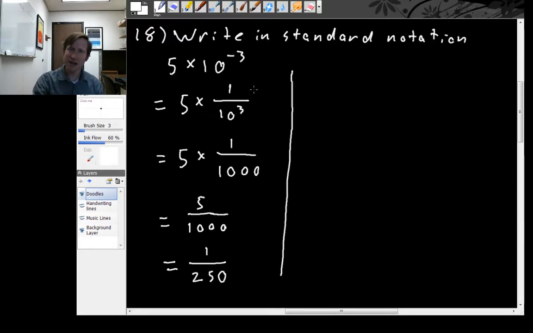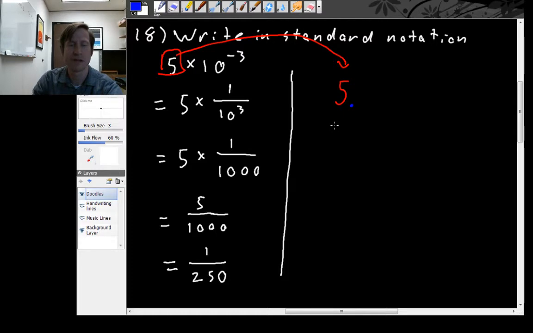But there's another way to do this. It's sort of a shortcut for getting standard notation from scientific notation. So here's the shortcut. We'll take our 5 here. Okay, and right now the decimal point is right here, immediately to the right of 5.